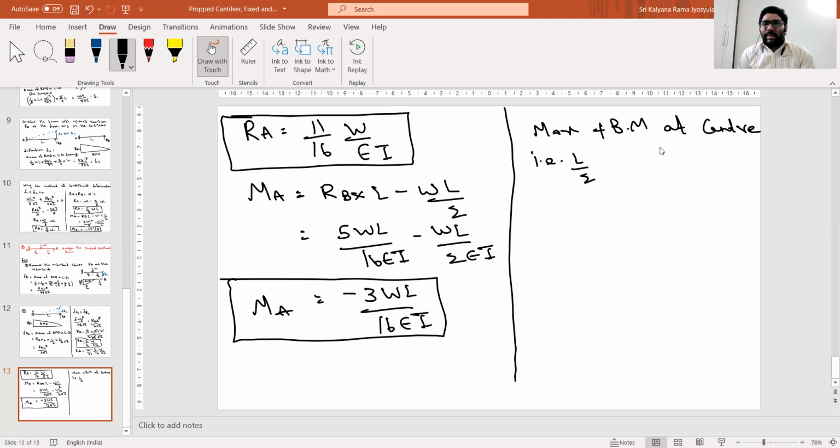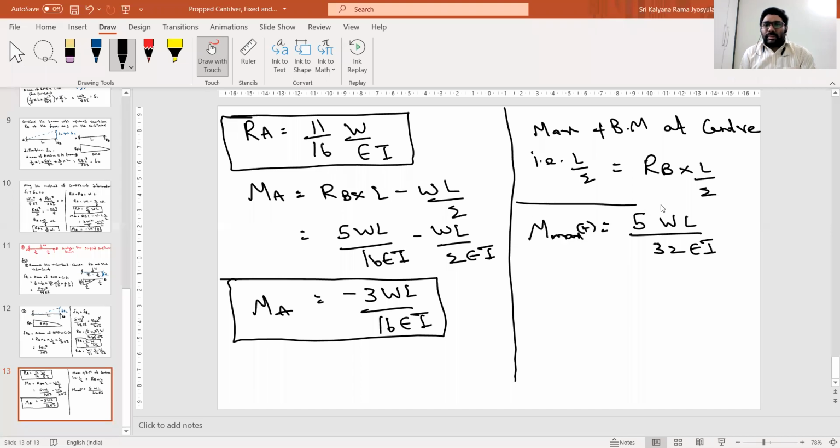So the maximum positive bending moment at the center, that is L by 2, is equal to RB into L by 2. So that is equal to 5WL by 32. This is M max positive.